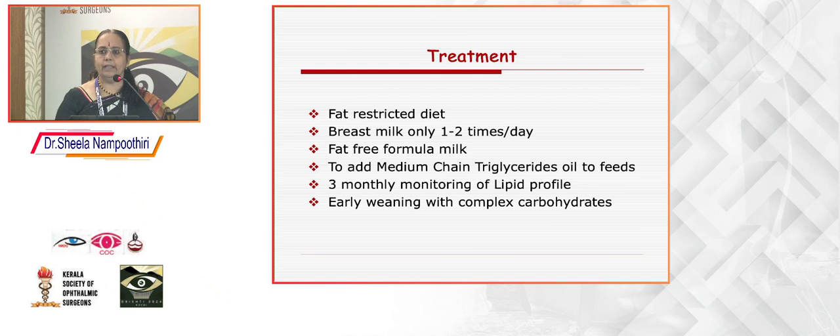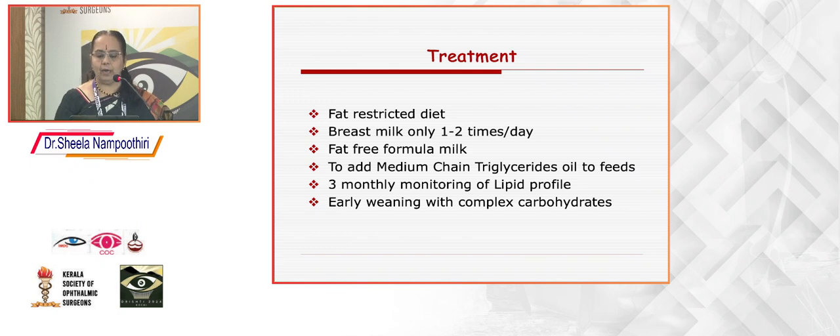The mainstay of treatment is not any medication, it is a fat-restricted diet. If a baby is diagnosed in the newborn period itself, we will try to reduce the breast milk, and in some cases where the levels are skyrocketing, some patients had more than 37,000, we will stop the breast milk and put them on a fat-free formula, which is very easily available in the market and is used for people with high cholesterol levels.